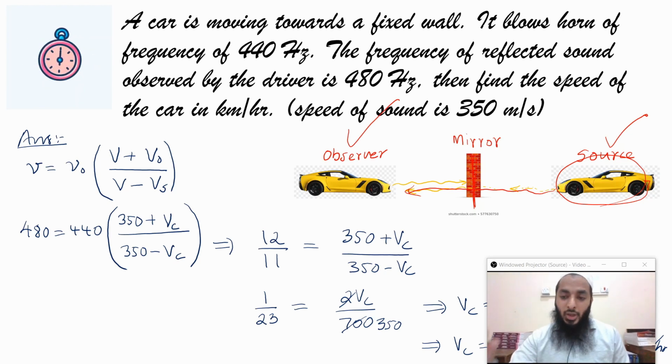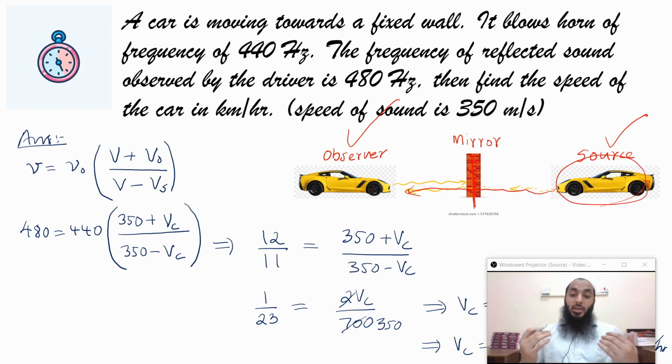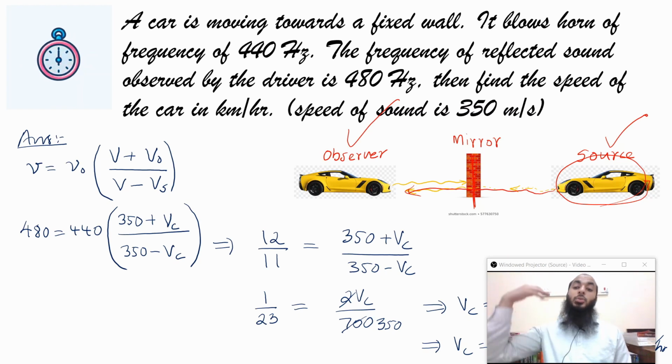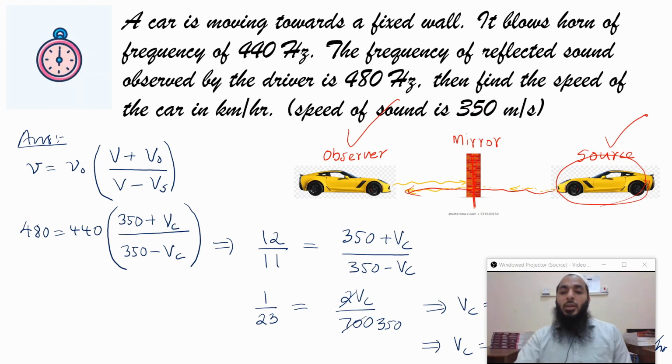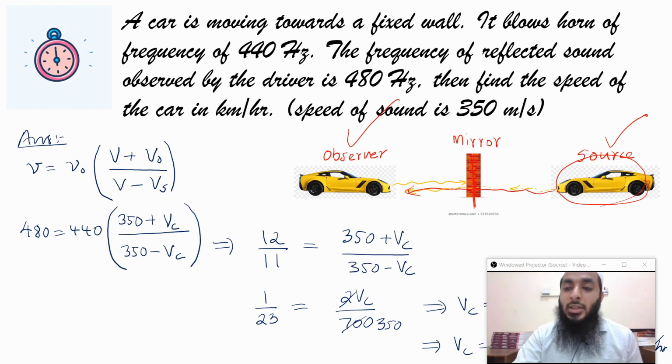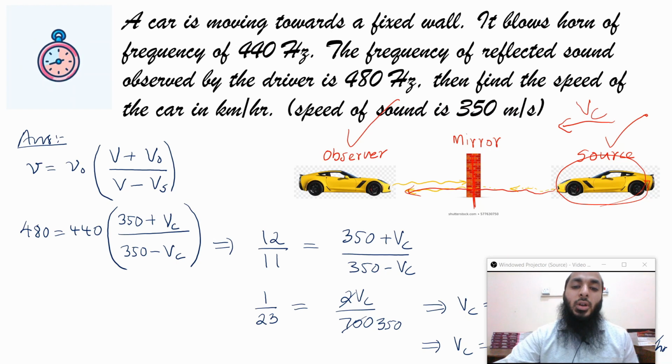In any question, if the sound wave is reflected, then you can consider an image and the sound being produced by the image. Now we can see that the source is moving with the velocity vc towards the observer, and the observer is moving with the velocity vc towards the source.